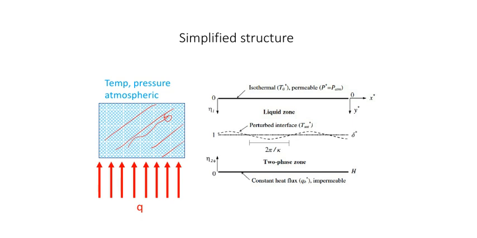This porous and fracture system is, by simplifying, subject to two boundary conditions: a significant heat flow at the base of magmatic or tectonic origin, and atmospheric temperature and pressure conditions at its upper surface. So it's a system heated at the base and cooled at the top, with a constant temperature at the top.